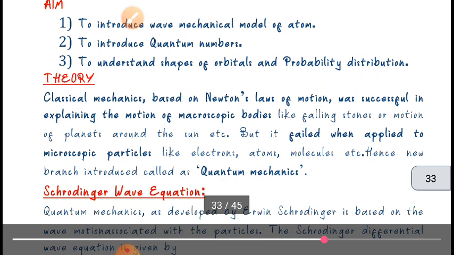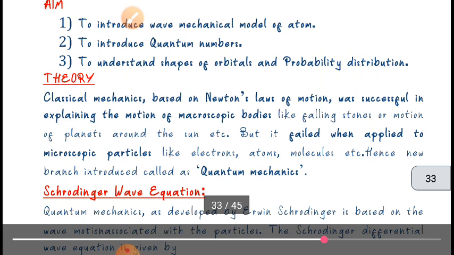So in 1926, Erwin Schrodinger gave a model. He developed the wave mechanical model of atom.